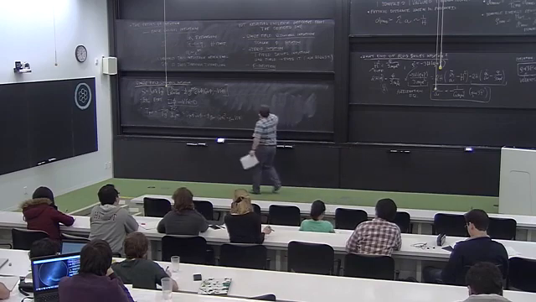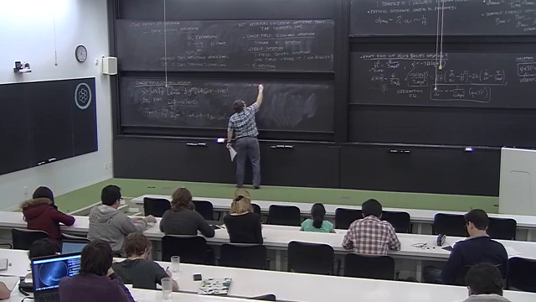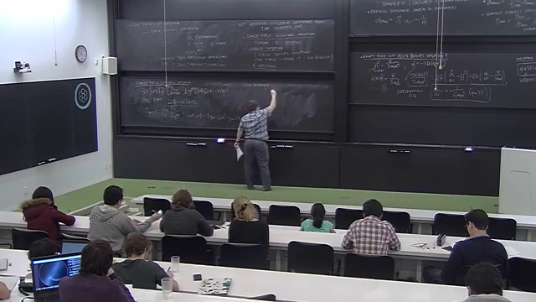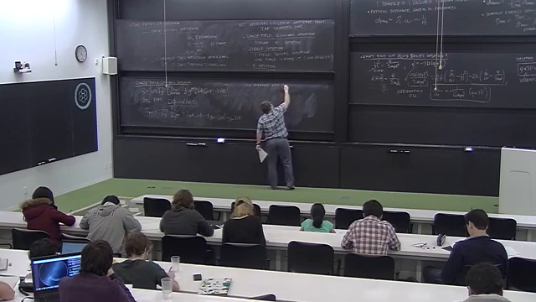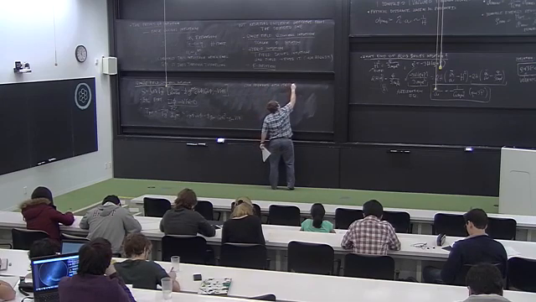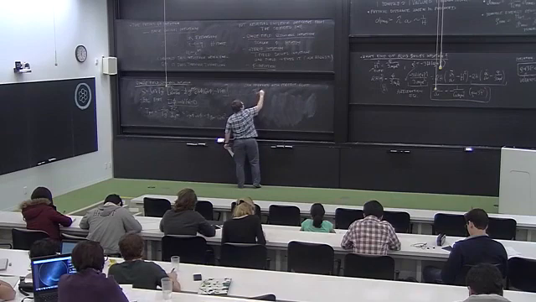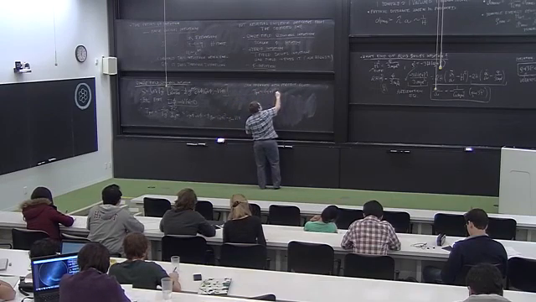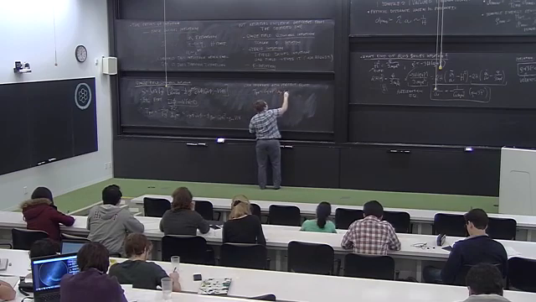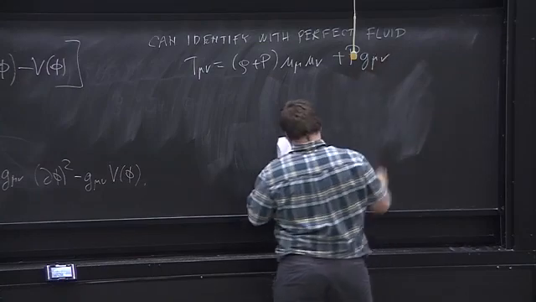So we can identify it with a perfect fluid. Let me remind you, this is how a perfect fluid looks: (rho plus p) u_mu u_nu plus p g_{mu nu}.